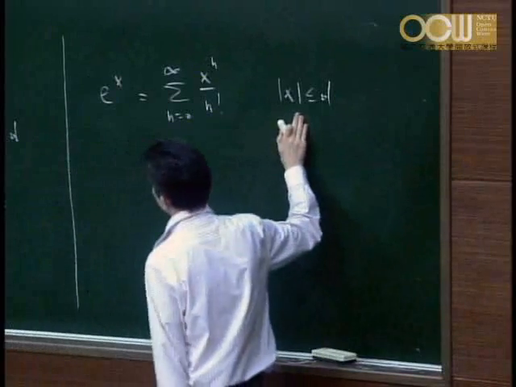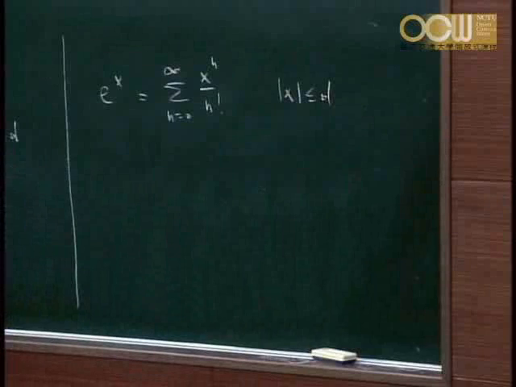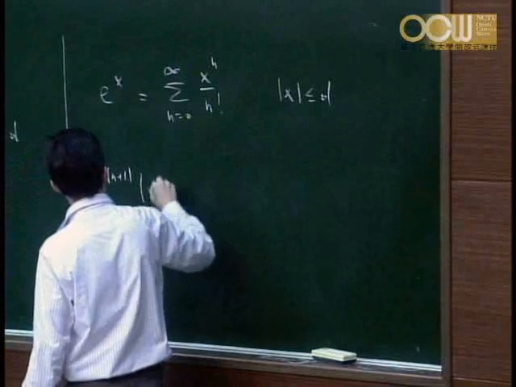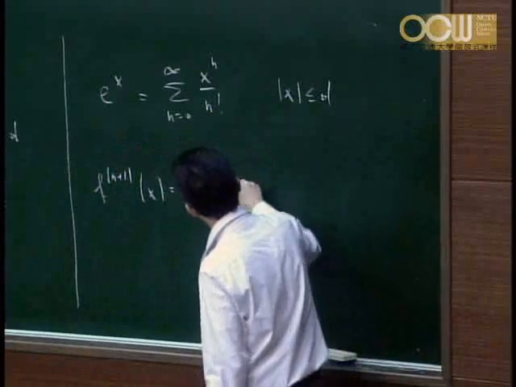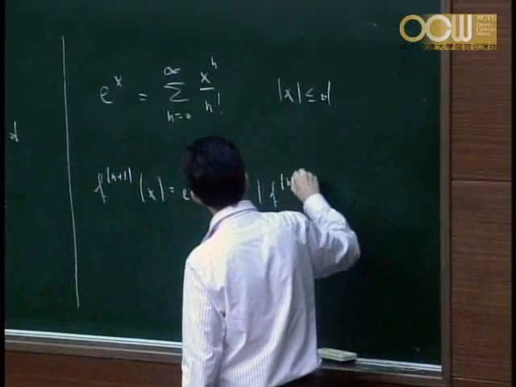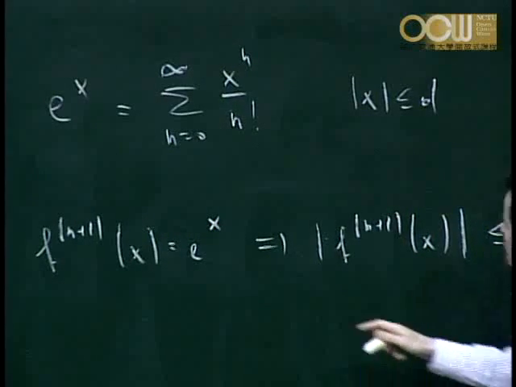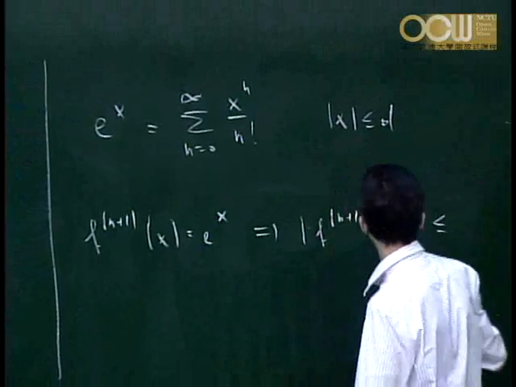If I have this restriction, I have to look at the n plus first derivative of our function. What is the n plus first derivative? This will just be e to the x. So for x in this closed interval, it is bounded by e to the d.